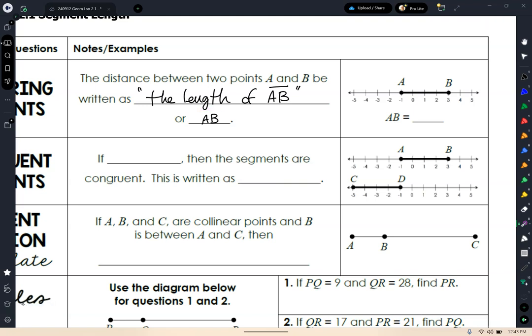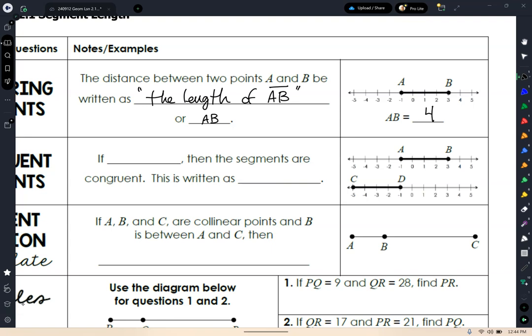This is the difference between number language versus figure language, okay? When you see this, you read that statement as the distance or length of the given segment AB. So in this case, the length of AB is equal to 1, 2, 3, 4 units long, whatever unit we had, like centimeters or kilometers or inches.